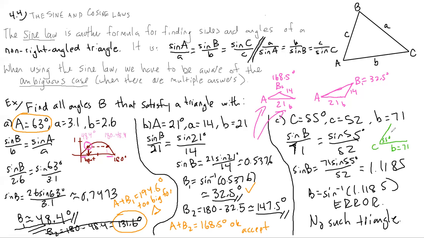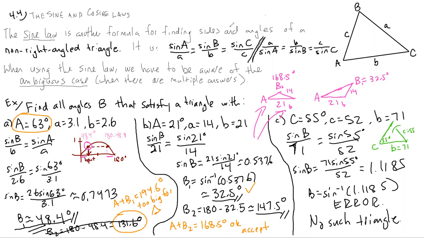And the problem is that this length here of 71 is going to be just too long, because I know that the little side C has to come from over here somewhere. It has to connect with B on the right side. And it's just not going to be long enough to reach out to that opposite side. And so we can't close off the triangle. So that's another possibility that you're going to encounter. The triangle doesn't work, and that's what we're going to get.